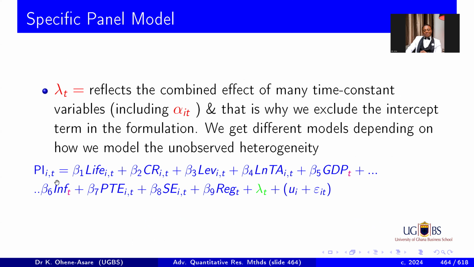The productivity of an insurance firm is affected by whether it's life or non-life, the credit risk, the leverage, the log of total asset, the log of GDP, inflation, pure technical efficiency, scale efficiency, regulation. Now, what we have to do is to determine whether it is I, an individual specific factor, or T, a time specific factor. You get it wrong, you're out.